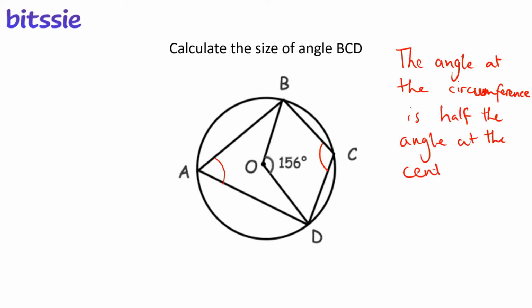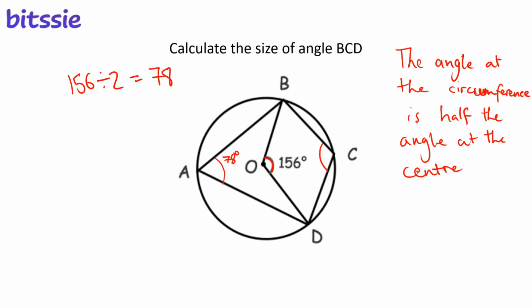And the angle at the center is 156. So half of 156 is equal to 78. So the angle BAD is equal to 78 degrees.